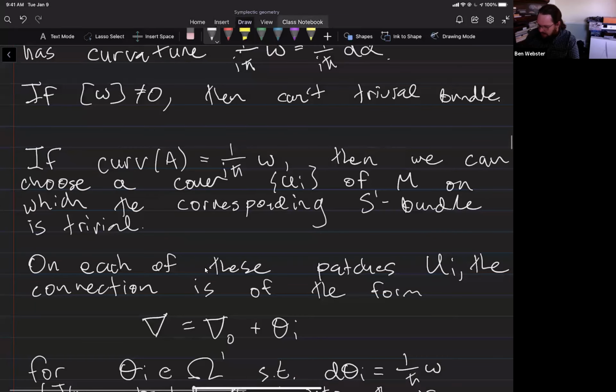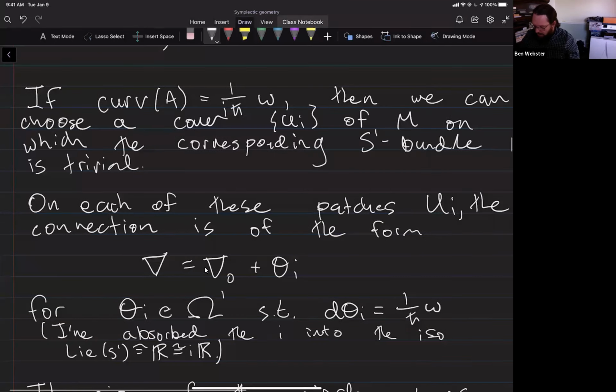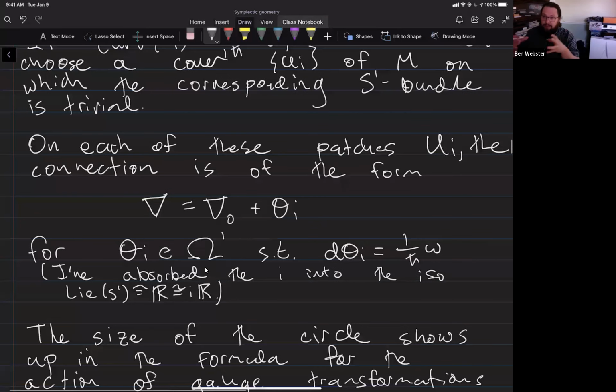And on each of these patches, because the bundle is trivial, and if I choose a trivialization, my connection takes on this form, the boring covariant derivative plus a one form theta I. Because I've chosen everything fine enough such that my bundle is trivial, omega is the curvature of a connection on this trivialized bundle.